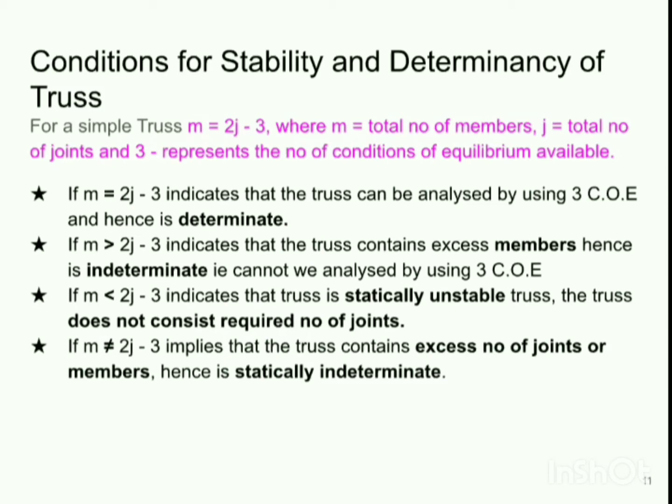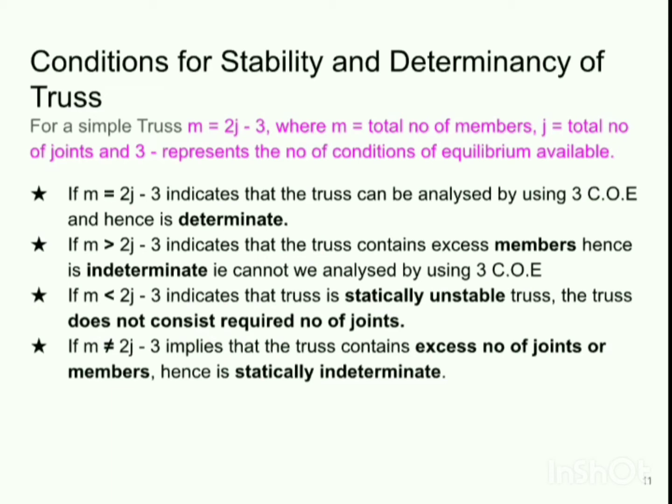This is the necessary condition. If m is equal to 2j minus r, then it indicates that the truss can be analyzed by using the three conditions of equilibrium, and hence it is called a determinate truss. Next, if m is greater than 2j minus r, it indicates that the truss consists of excess members, hence is indeterminate and cannot be analyzed by using the three conditions of equilibrium.